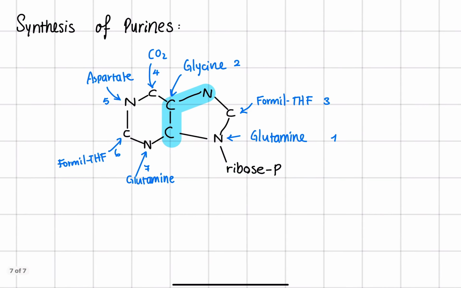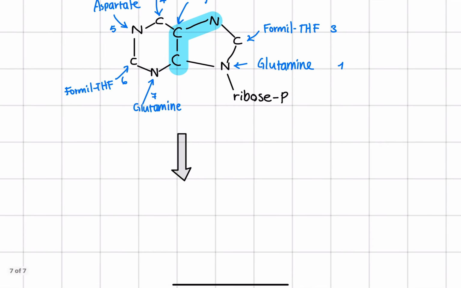This purine ring can then form IMP, inosinate monophosphate.